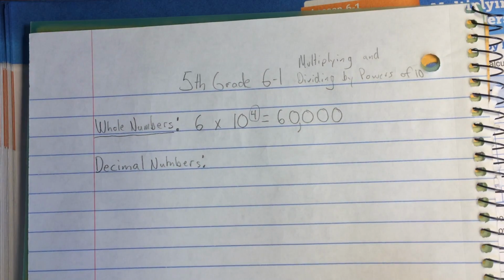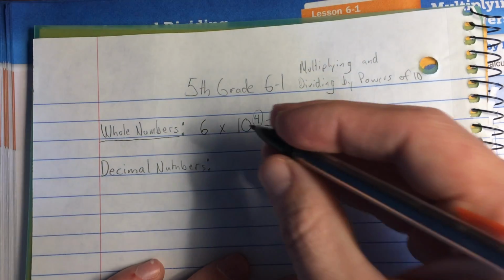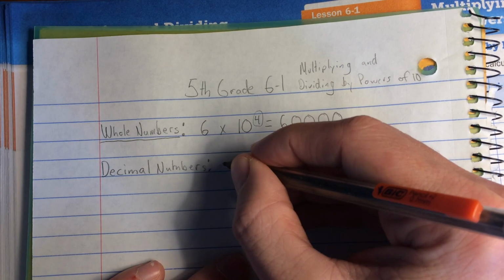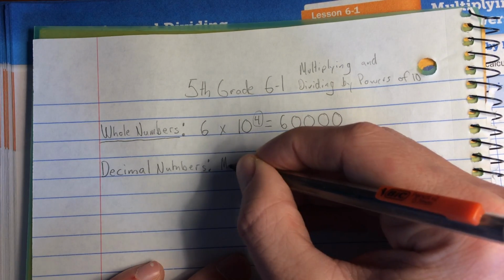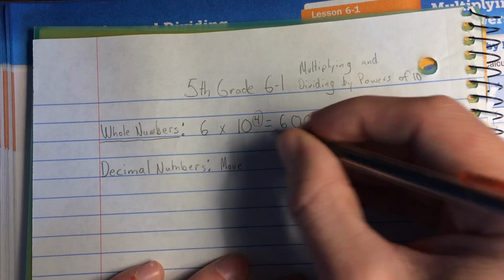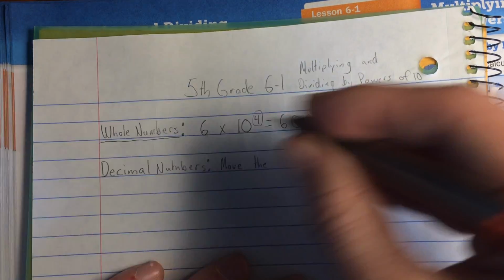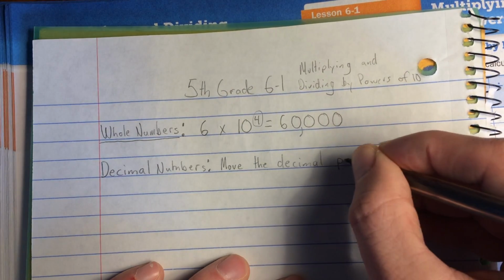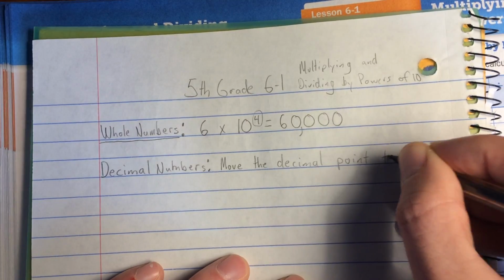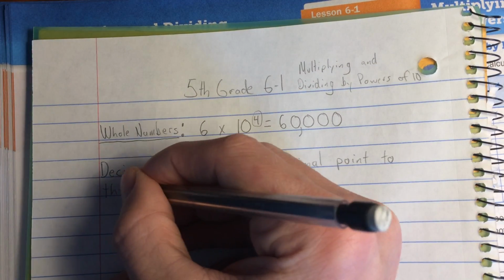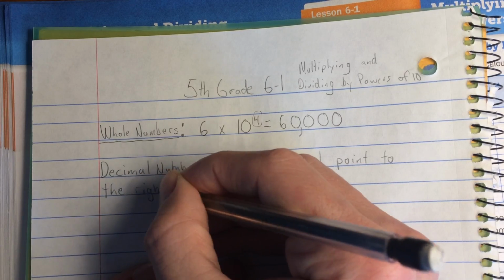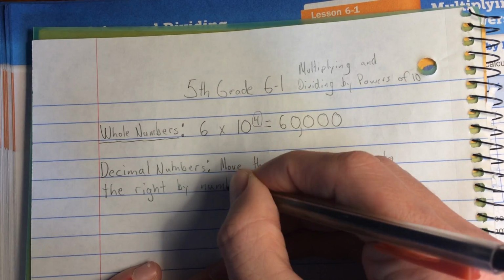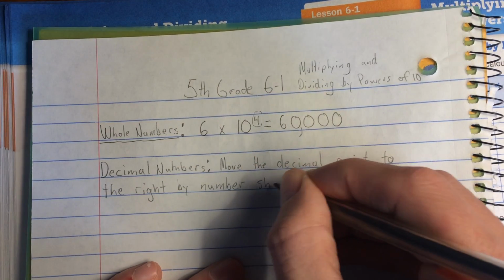I think we could sum this up by saying, instead of adding 4 zeros, you're going to move the decimal point to the right by the number shown as the exponent.